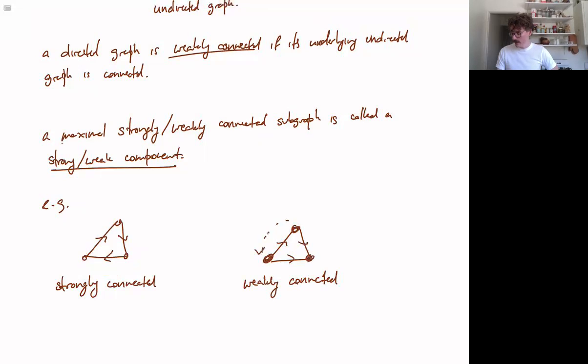So neither of these vertices can reach back to the bottom left guy. So there is not a path. Let me write that down. It is not strongly connected. For example, call this A and this B. There is no path from A to B.